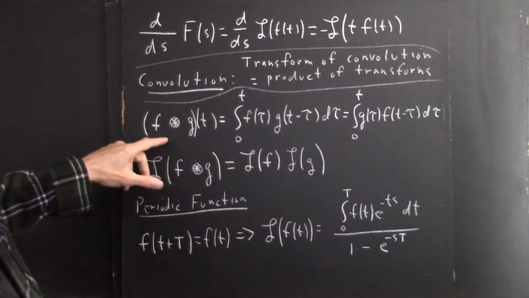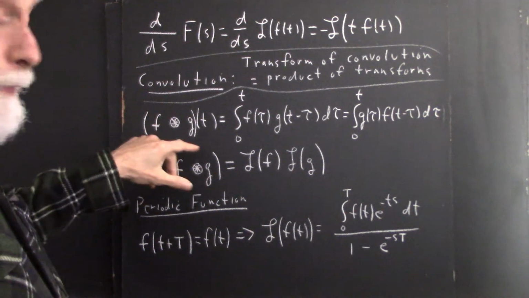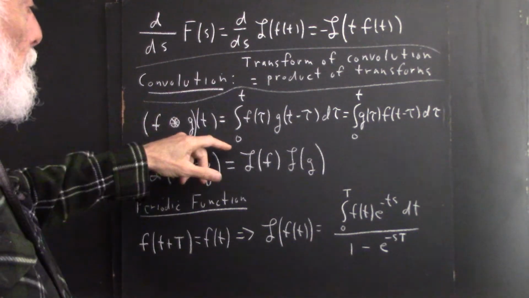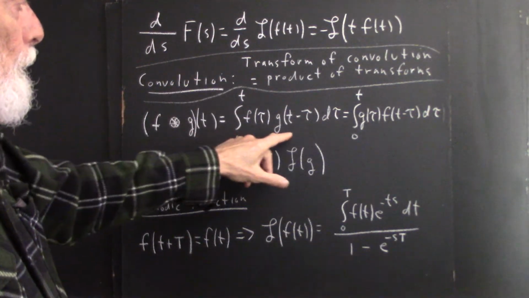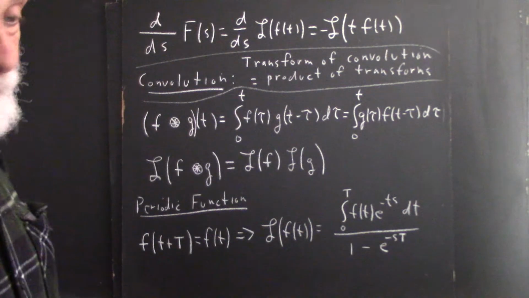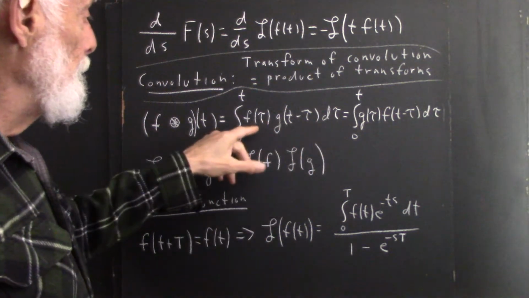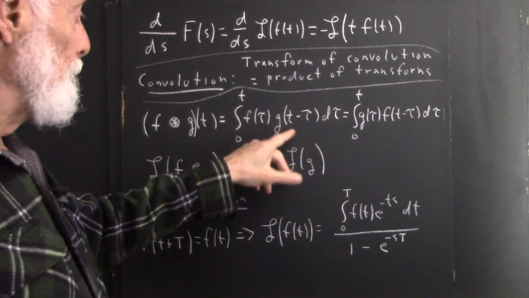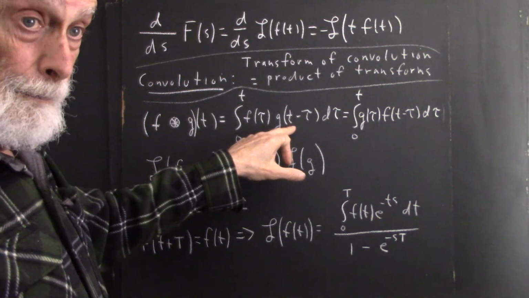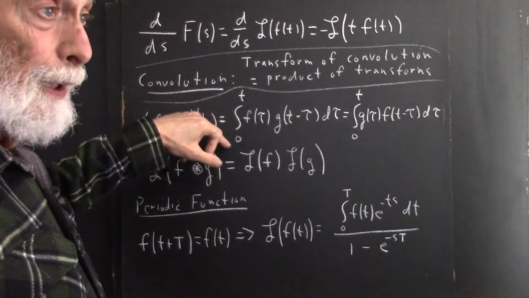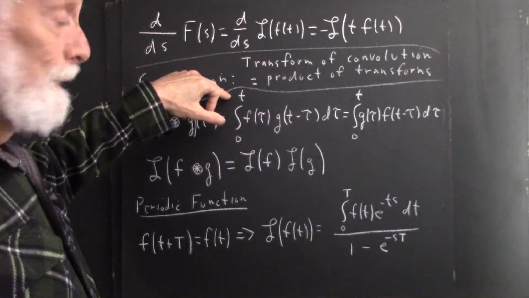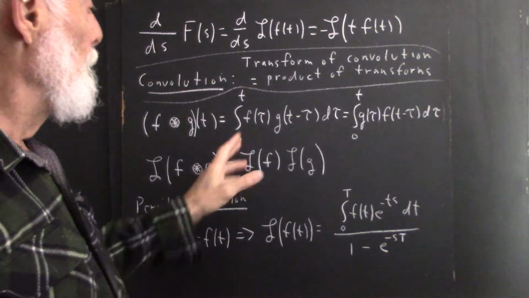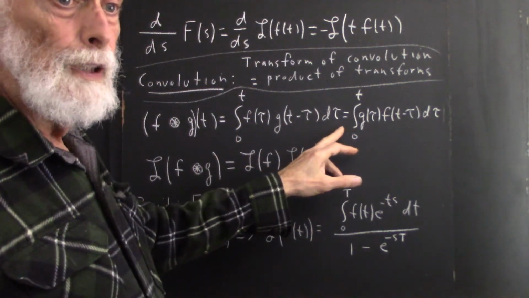Well anyhow, the convolution of f with g, f convolution g if you wish, is just the integral from 0 to t of f of tau g of t minus tau d tau. Now, we use tau here because we've got a t here, and we want to distinguish the t that matches the limit on the integral from the variable of integration, which is tau.